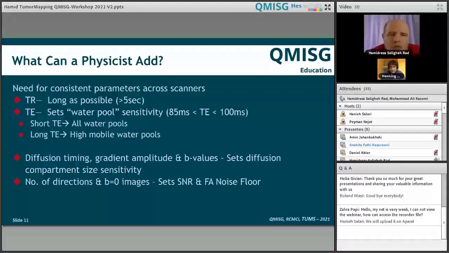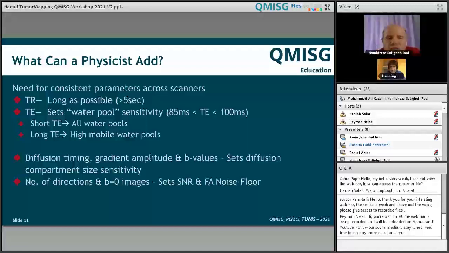So what can a physicist do for us to improve it? Dr. Fatty also mentioned this. The major part of the physicist's role is to define a very standard diffusion protocol. Today, diffusion protocols are improved on different machines, Siemens, GE, Philips.